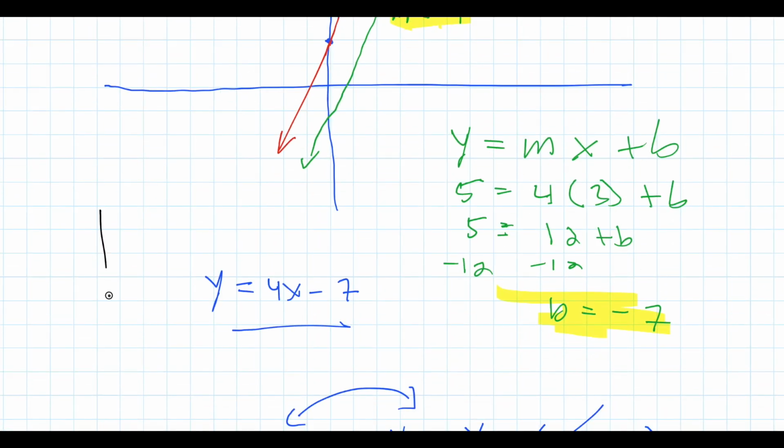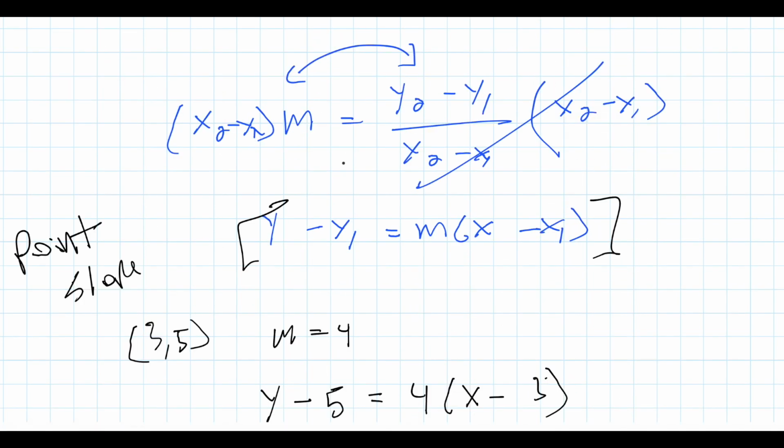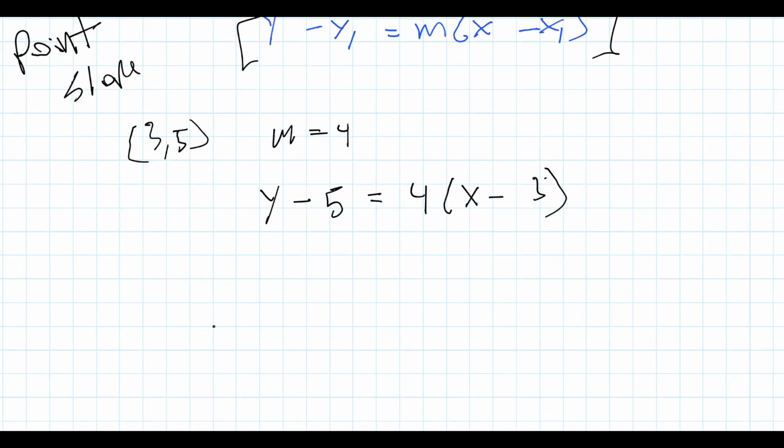So I can go x, y, and say, well, if x is 0, what is y? Actually, wait, no, it's -7. So that means this point (0, -7) exists on the green line, right? So m equals 4 and the point is (0, -7).